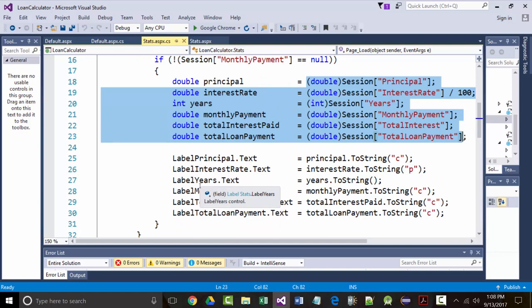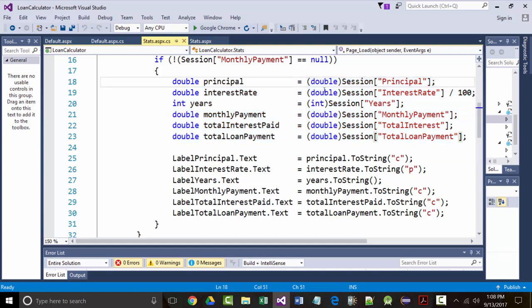I even wondered, could I take this, and instead of casting those to doubles and ints, could I cast that to a string and put it right here directly? Could you do that? I don't know. I never tried it. You could try it and see if it worked.